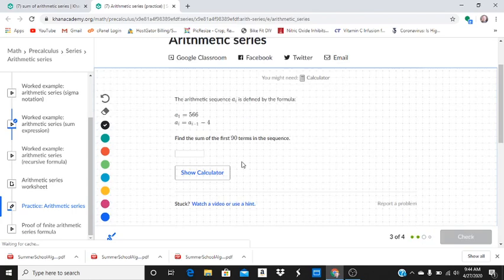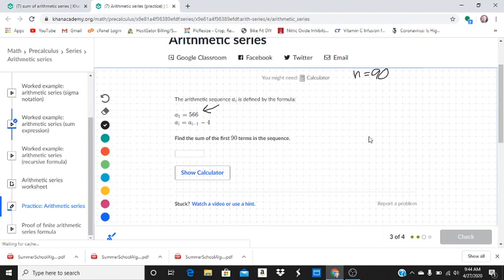So they give us the first term. It's 566. We want to find the first 90 terms, so n equals 90. But we don't know the last term.